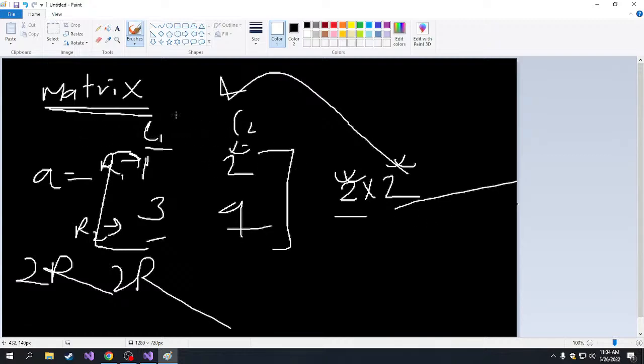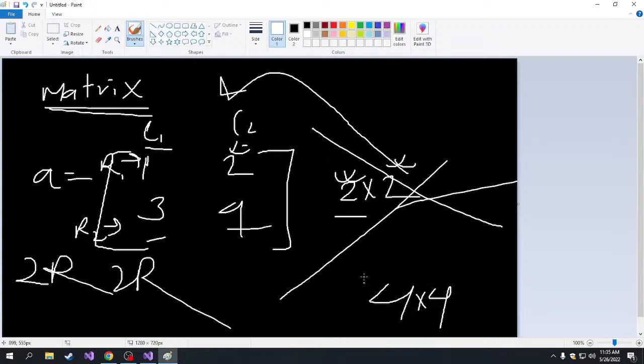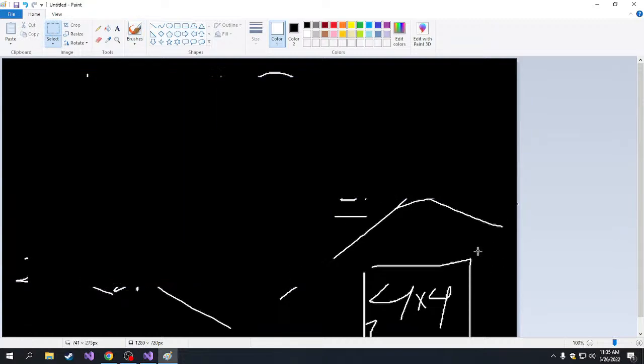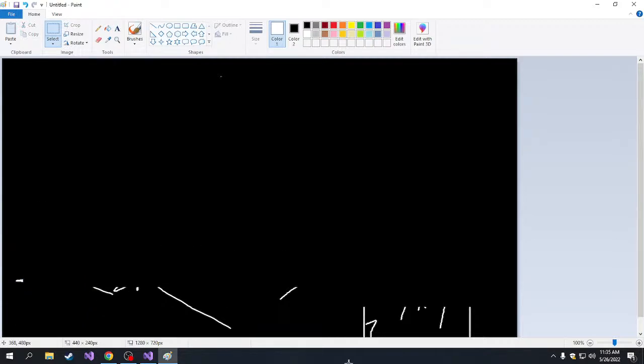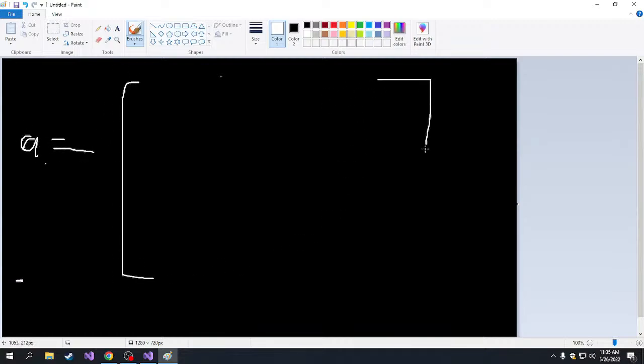For us, we're probably never going to be using a 2 by 2 matrix, because for graphics programming the most common matrix is a 4 by 4 matrix. It's going to have 4 rows and 4 columns, so it's going to be a big matrix. If you want a visual representation of what a 4 by 4 matrix looks like, let's say we have a matrix called A again, and I'll make a big bracket for our 4 by 4 matrix.